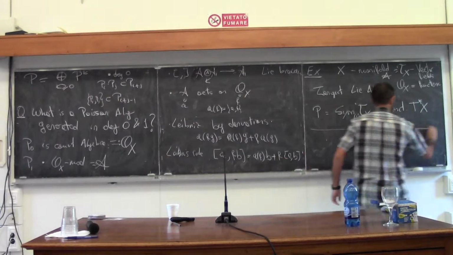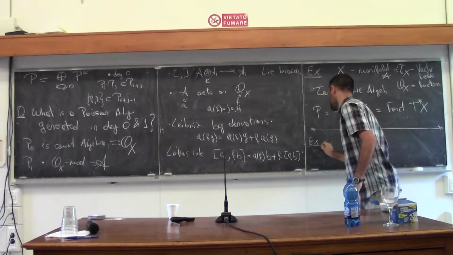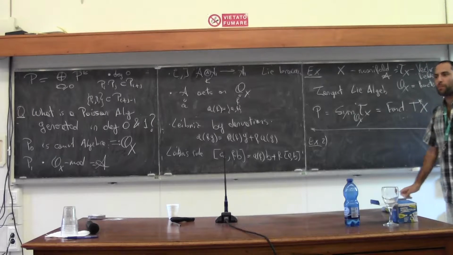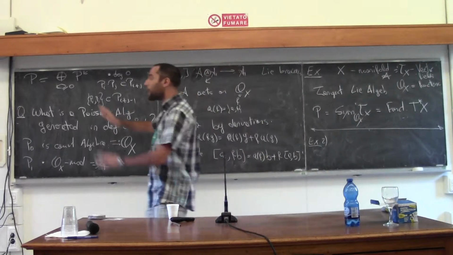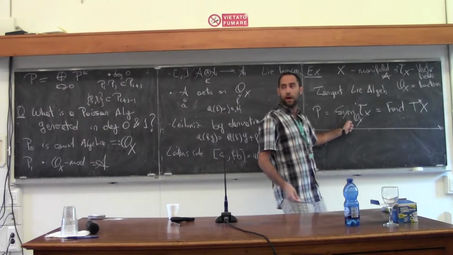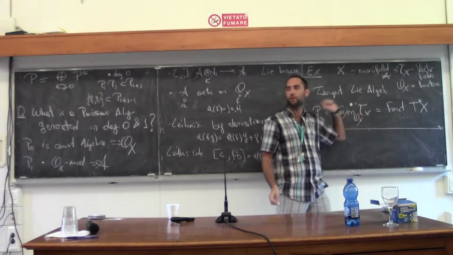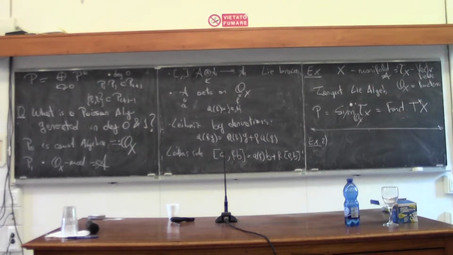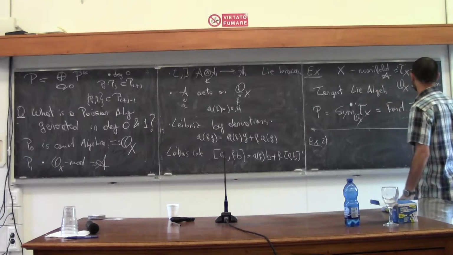Alright, so this is my only example. I guess I can give you example 2, just to contrast with the next case. P is the whole Poisson algebra. If you look at the degree 0 part, it's O_X, and the degree 1 part is T_X.